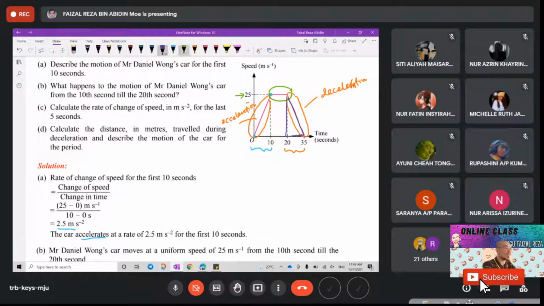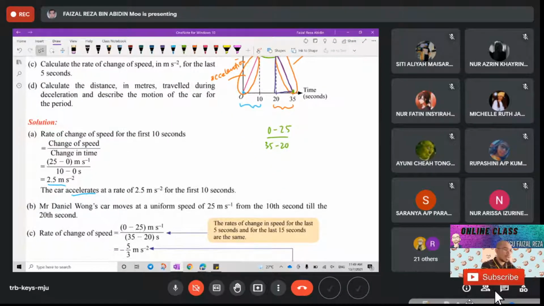So we are going to take the initial speed is 25. Final speed over here is 0. So 0 minus 25, divided by 35 minus 20. So our solution over here is going to be negative 5 over 3 meter per second, negative 2.